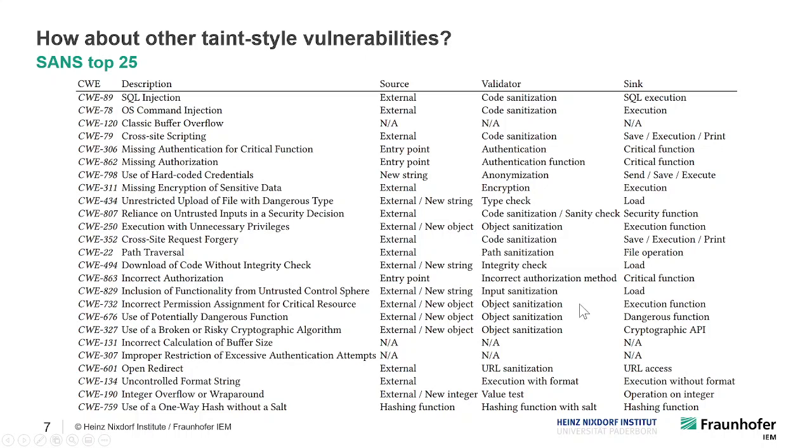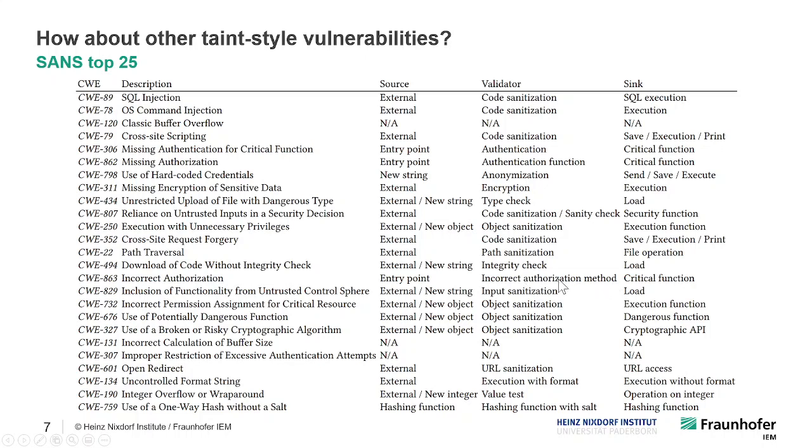So any access to a specific resource that needs a special role to access will be defined as a critical function. And then for the authorization methods, depending on what kind of application it is, there are different kinds of authorization mechanisms, and the analysis needs to be aware of those mechanisms so that it can define the validators.